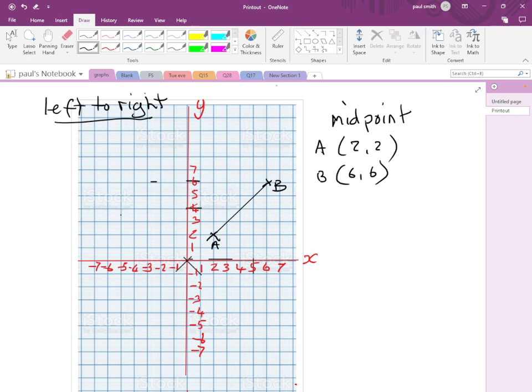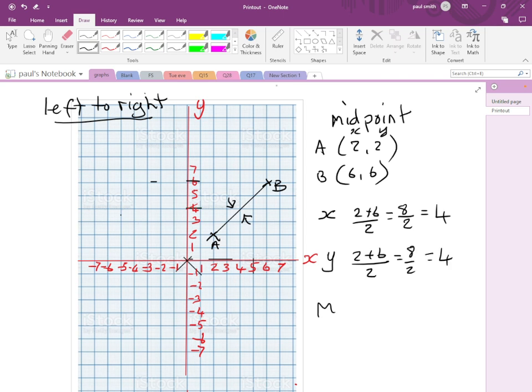Now, what we do, we have to find somewhere that's going to be in the middle there. So what we do is we add the x's together and divide by 2. So for the x, we've got 2 plus 6 divided by 2. And this is finding the average. So it's 8 divided by 2, which equals 4. And for the y, it's going to be 2 plus 6 divided by 2, exactly the same, which equals 4.